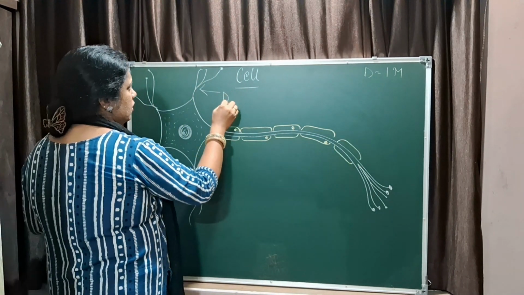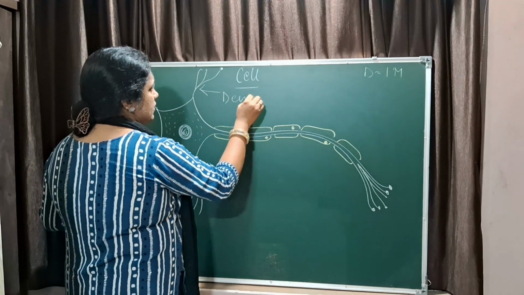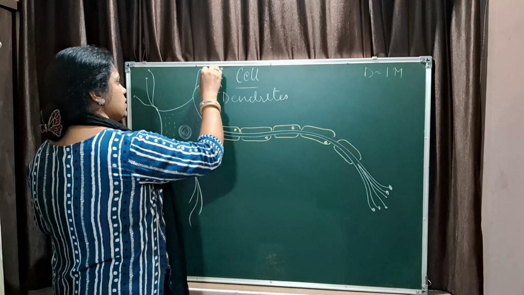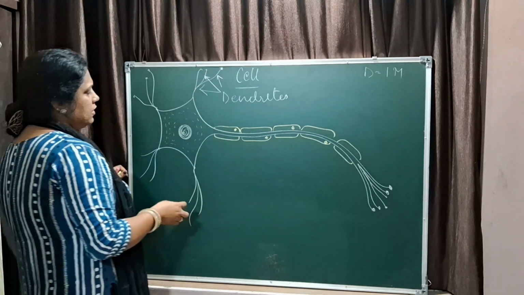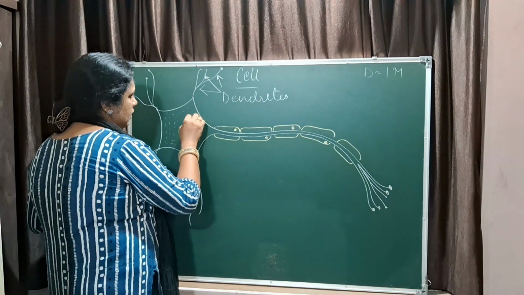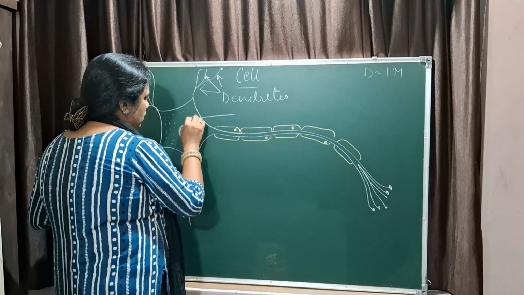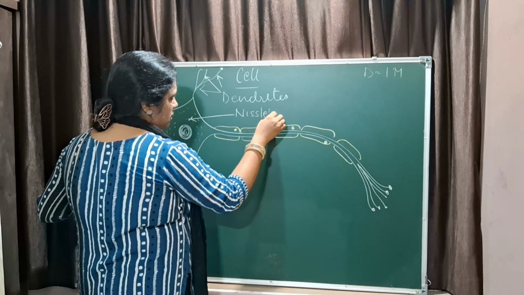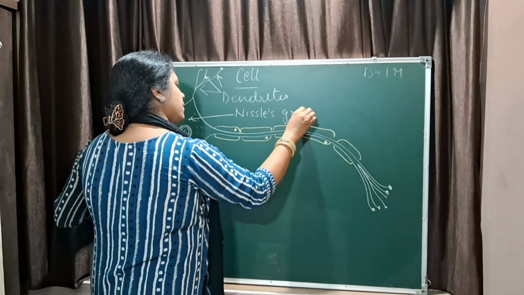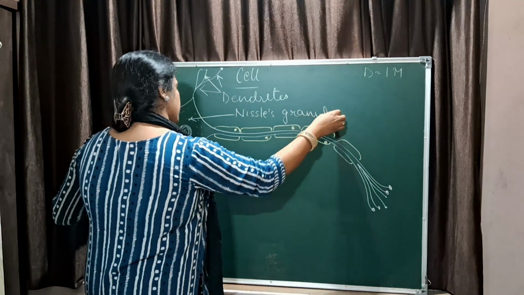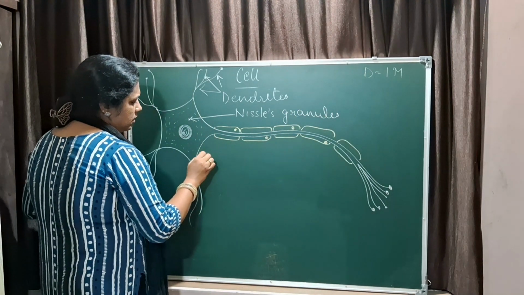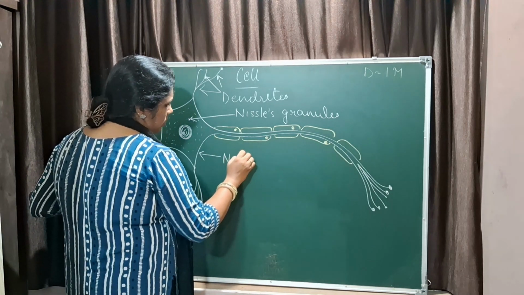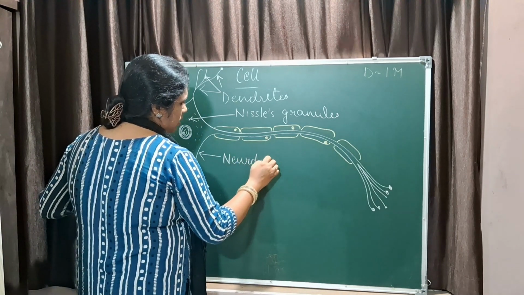This is called the dendrites. These all structures are called dendrites. Then these all granules are called Nissl's granules. This is neurolemma.